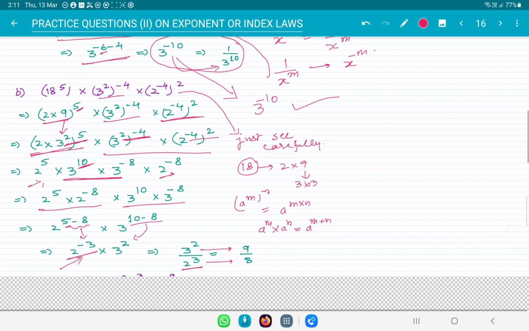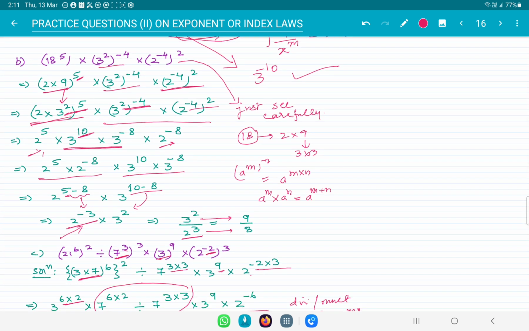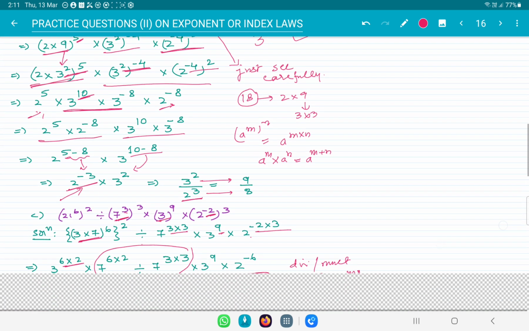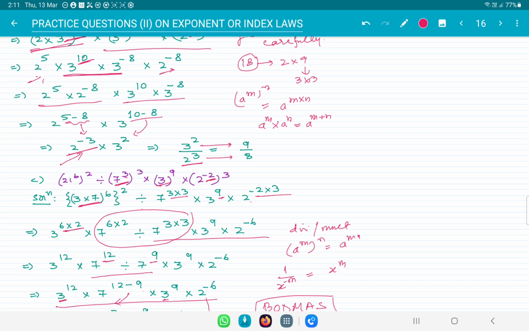First see carefully, then see how we can write the base in terms of multiplying, meaning the simplified form of the base. See here, 18 can be written as 2 into 9, and then further 2 into 3 into 3, like this. Use the BODMAS rule wherever it is required.